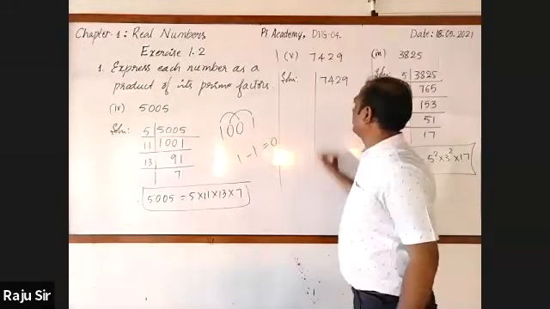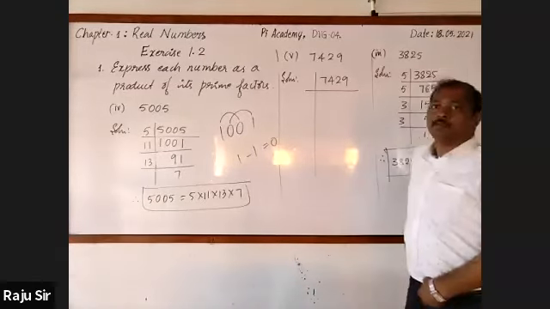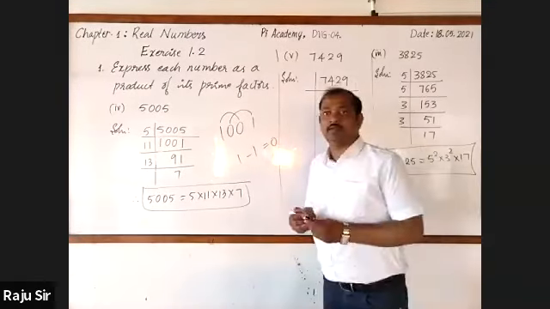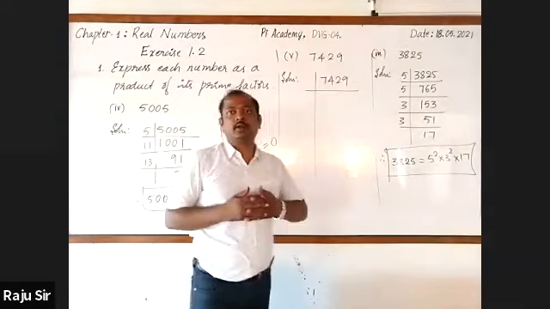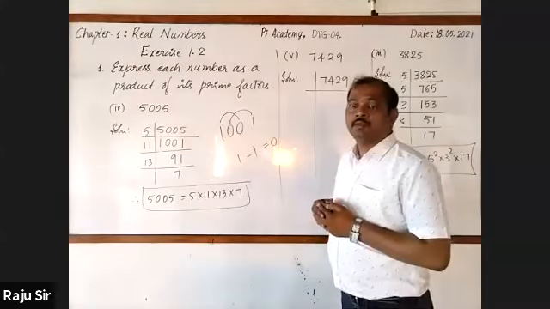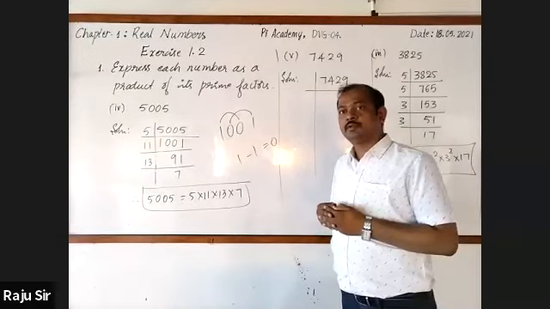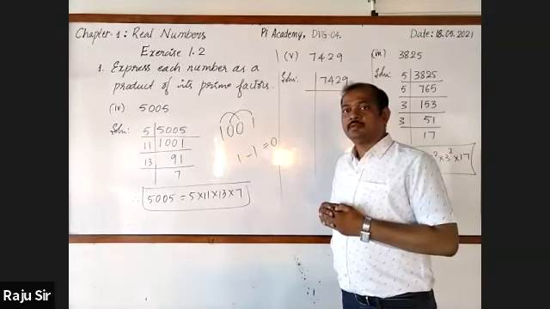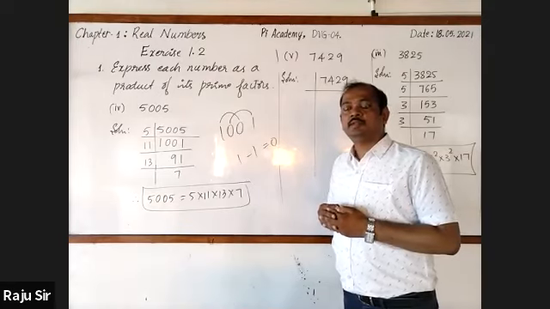7,429. By which number can it be divided? You again need to recall. 3. 17. Very good. Any other number? Any other two digits? 19.